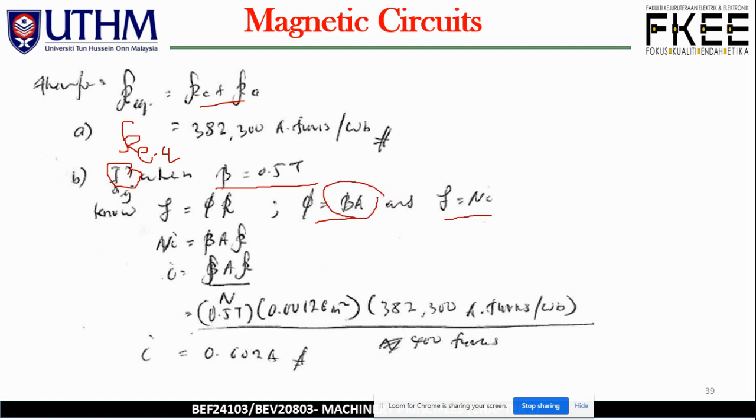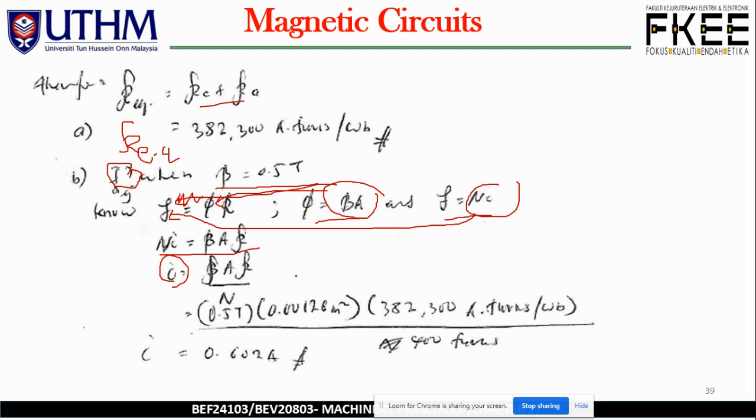So substitute this into here, and this into here. Okay, so I cancel this one. So giving NI equal to BAR, rearrange in terms of I. So we have I equal to BAR over N.